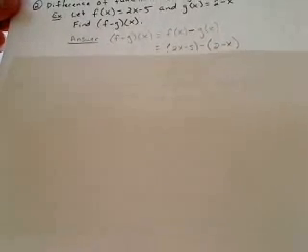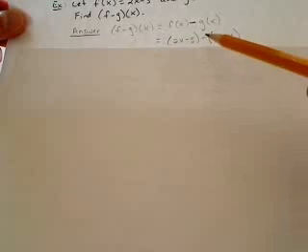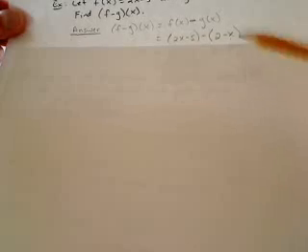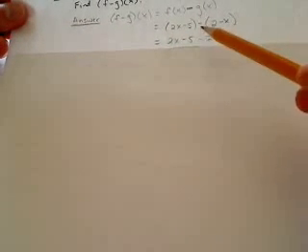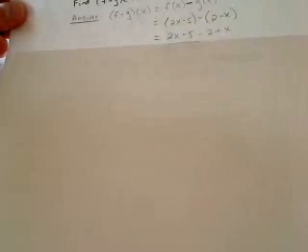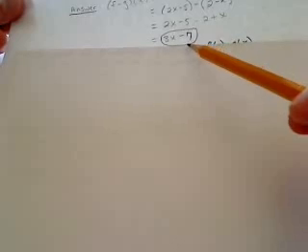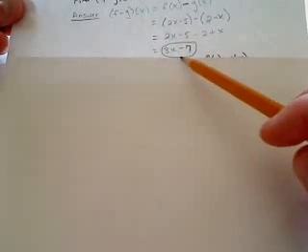First we have 2x minus 5, and then we distribute negative 1 to the 2 and to the negative x, giving 2x minus 5 minus 2 plus x. Combining like terms, 2x plus x is 3x, and minus 5 minus 2 is negative 7. So our final answer for f minus g of x is 3x minus 7.